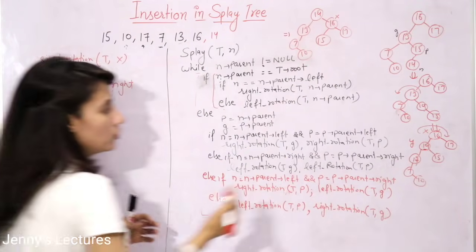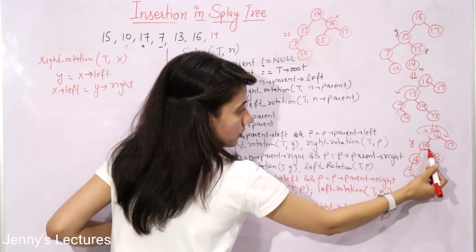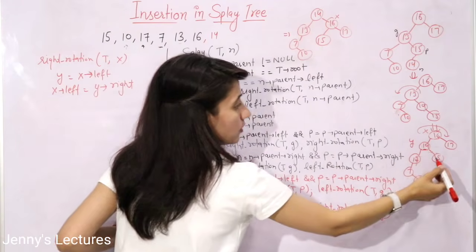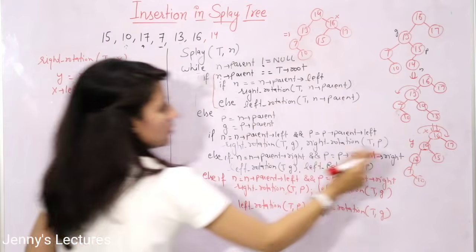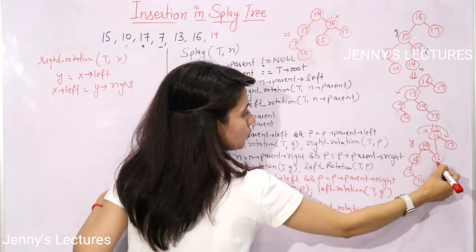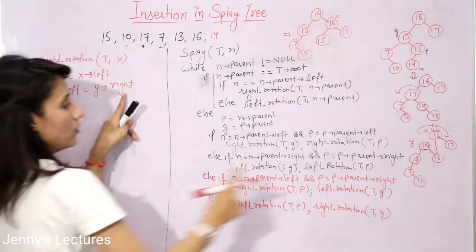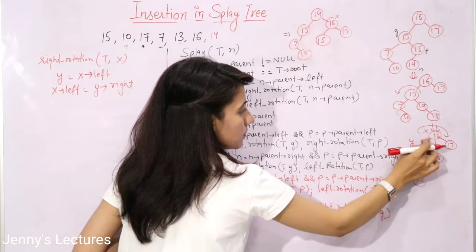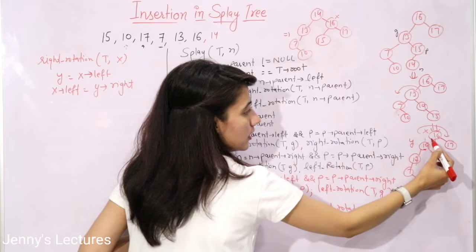Now next what you need to do, now see we have broken this link, right? Sorry, we have broken this link, not this. Now we have to set this link.